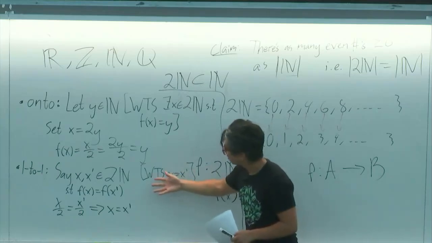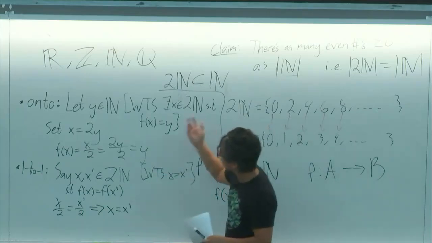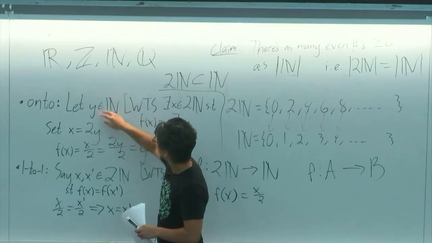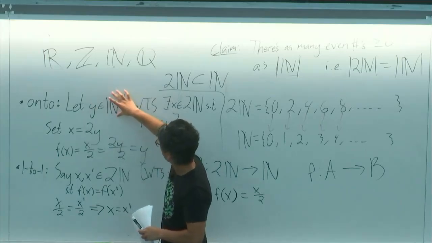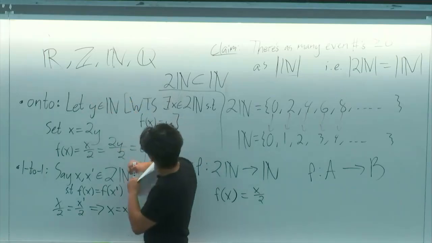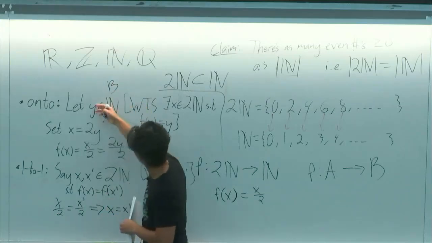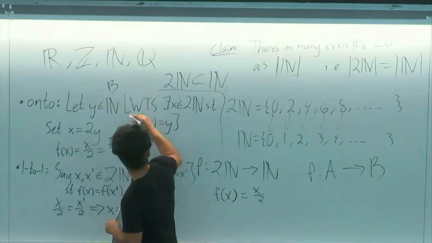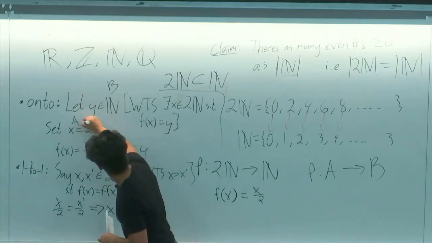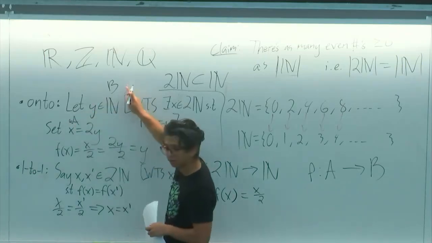And the way to prove it always looks like this. For onto, start with something in B and show that there is something in A that maps to it.